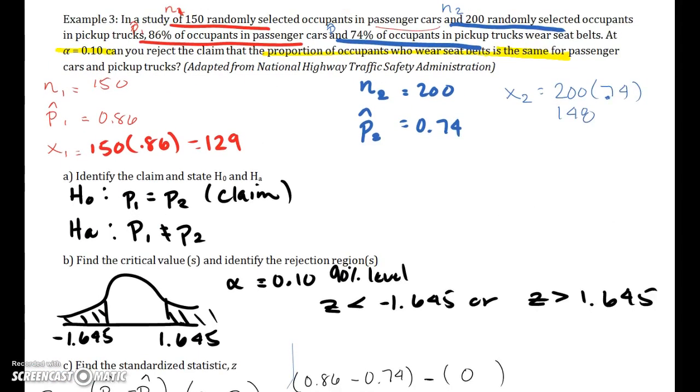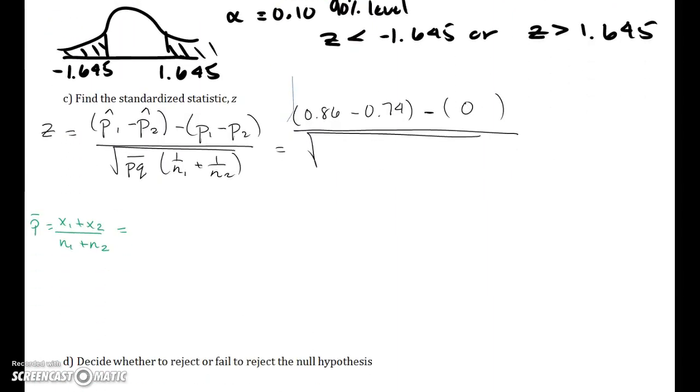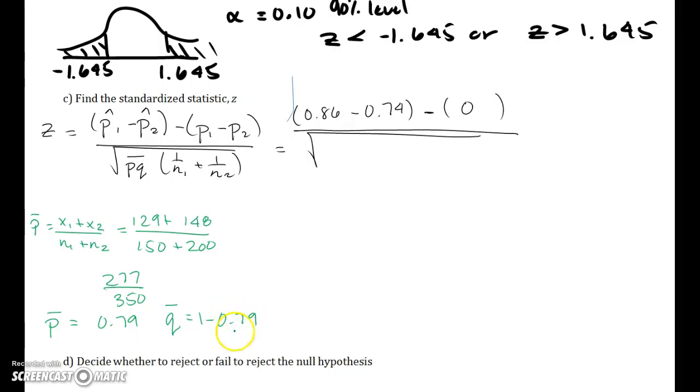That's 129 plus 148 divided by 150 plus 200. So this is 277 divided by 350. So my p bar is approximately 0.79. And my q bar is going to be 1 minus that, so that's 0.21.